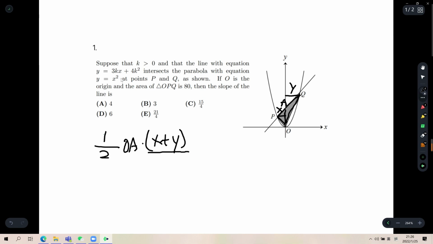So how to figure this out? Because P and Q are the two intersects of these two functions, we can try to solve these two functions as this.